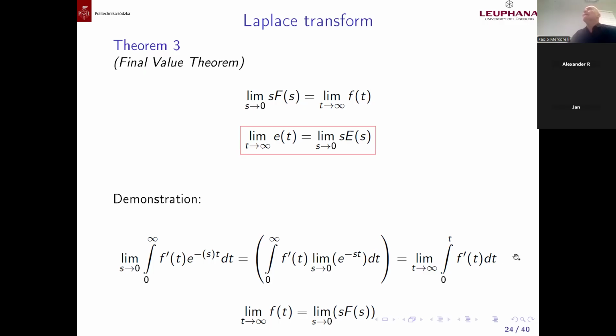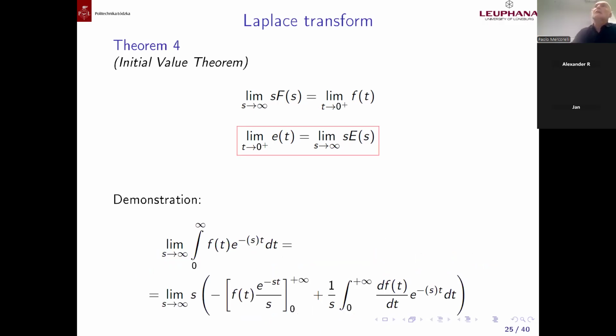This means independently, if f of 0 is 0 or not, this holds. Okay. Again, to be more precise, I should add the hypothesis, but I didn't add it because this is valid for each f at time 0. Because I have here minus f at time 0, but I also have here minus f at time 0. This means I can cancel. This means independent of the value, it works.